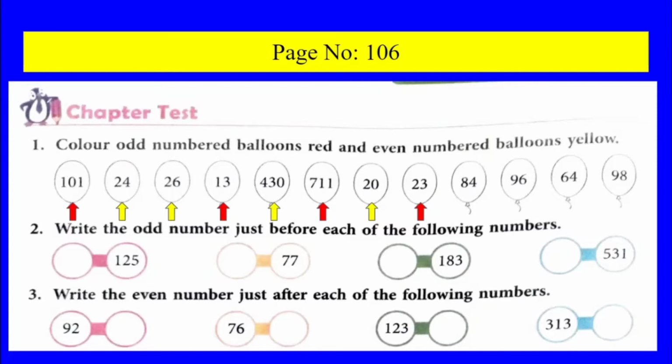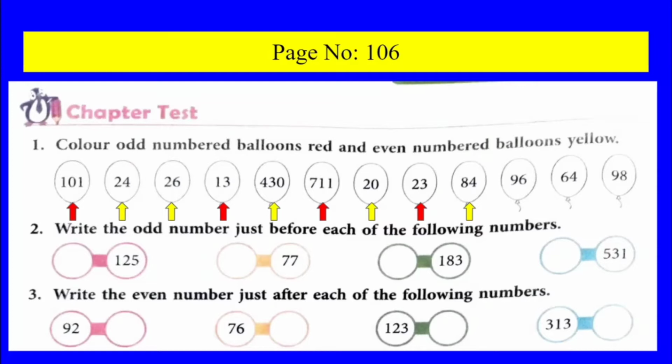Now the next number on the balloon is 84. So 84 ends with the number 4. Therefore 84 is an even number, so we will color this balloon in yellow. Now let us look at the next number, 96. So here 96 ends with the number 6.